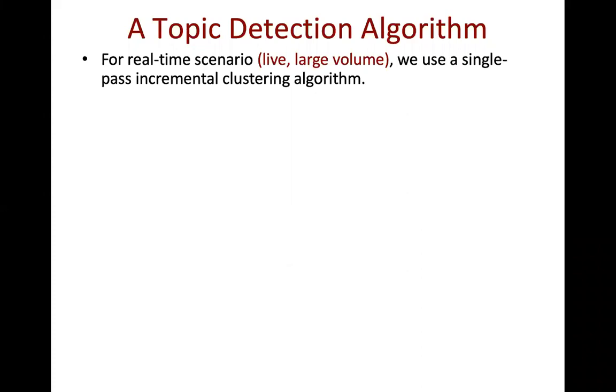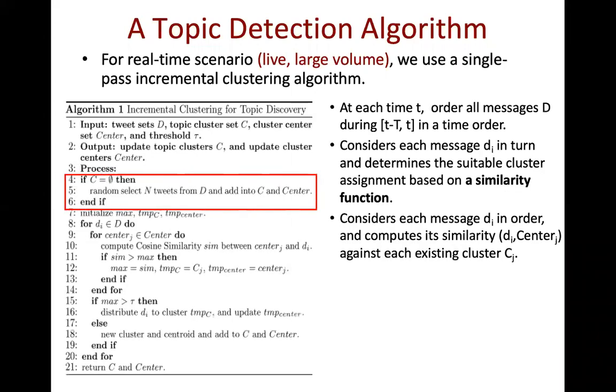We can also have a topic detection algorithm, and this is a very much industry-demanded type of solution because it's real time. So you can do a kind of fast incremental clustering. At each time point, you order all the messages in time, and each message is considered and a suitable cluster assignment is determined based on some similarity function again, right?